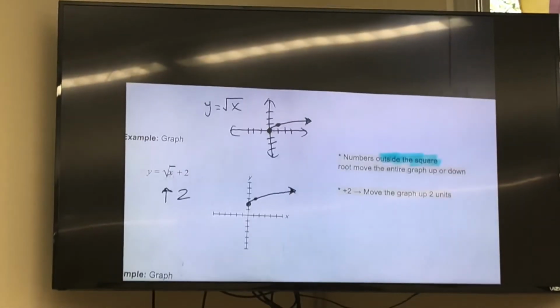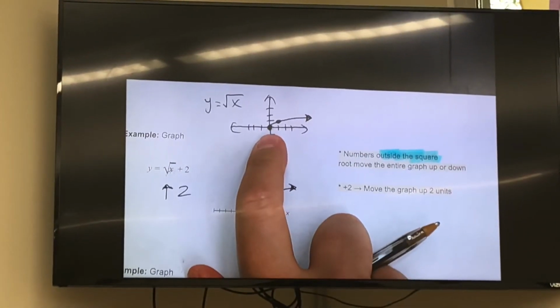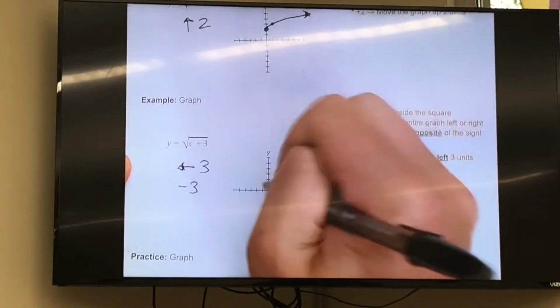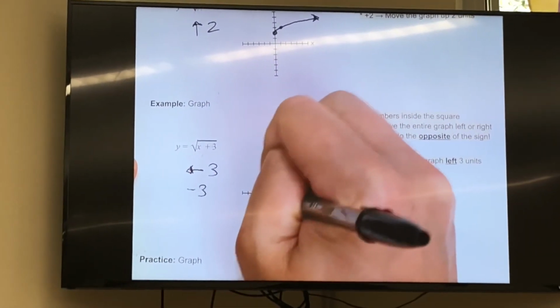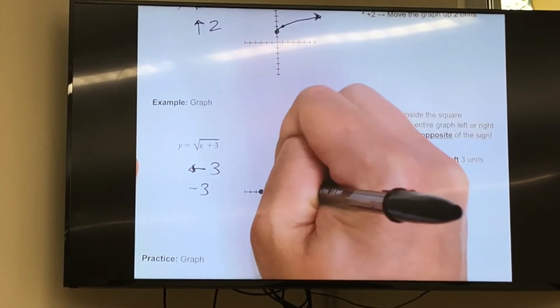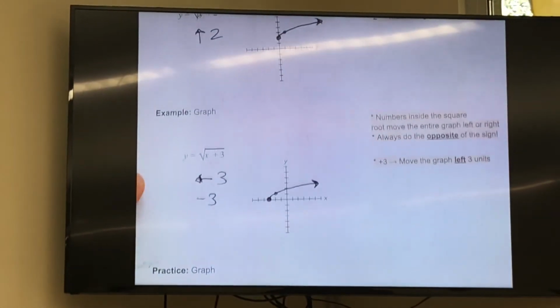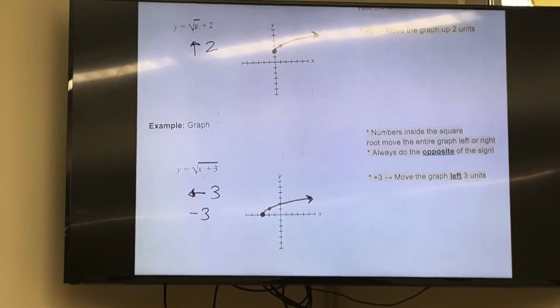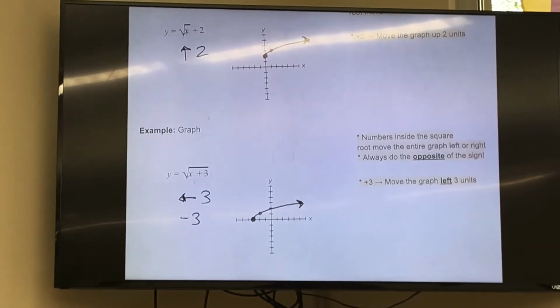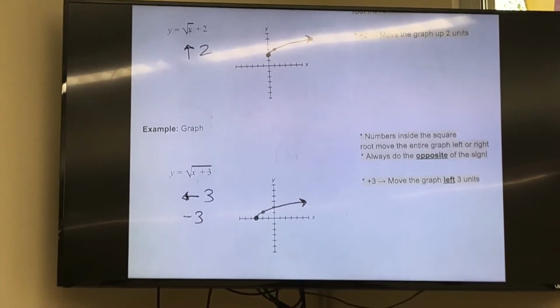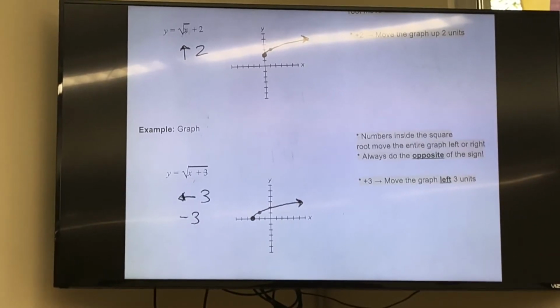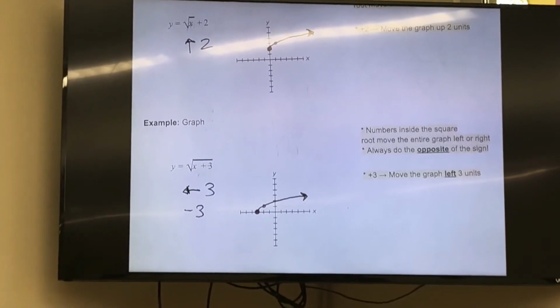So again, our parent function at the top was 0, 0. So that point is going to move over 3, and again, up 1 and over 1, and we make our graph. Again, as Ms. May said, it's always a shooting star, right? So the shape should always be going in the same direction. If you're getting a straight line or some other weird looking graph, you're doing something wrong.